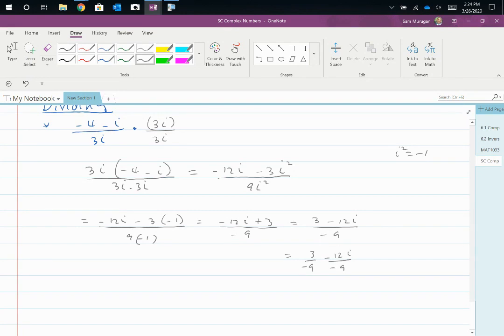Both terms on the numerator get divided by negative 9. So this is negative 1 over 3 plus, reduce 12 over 9 to 4 over 3, so plus 4 over 3i. It is now in the a plus bi form.